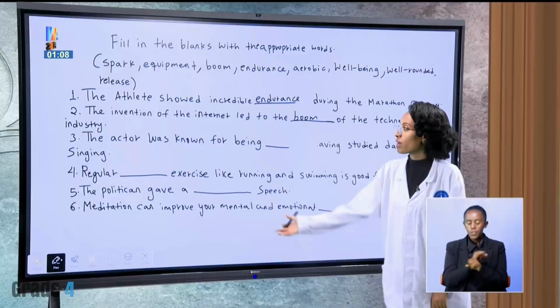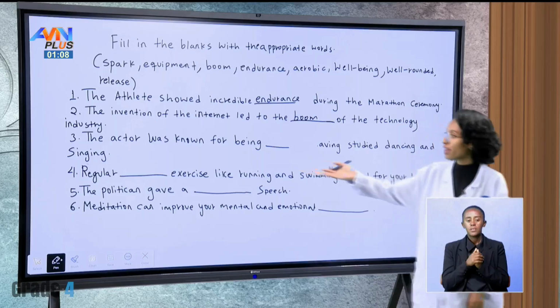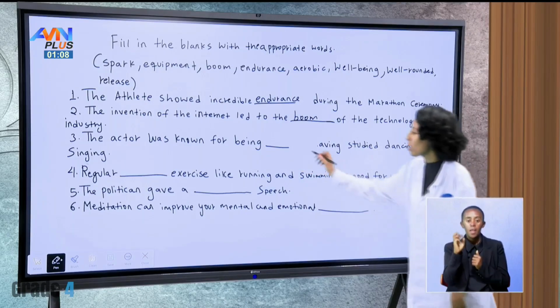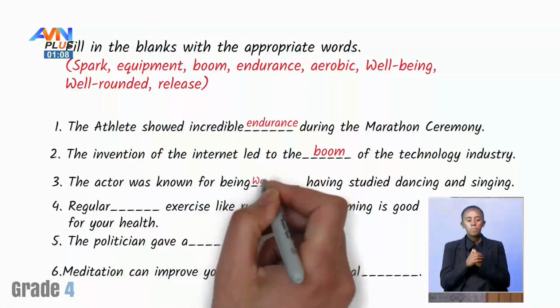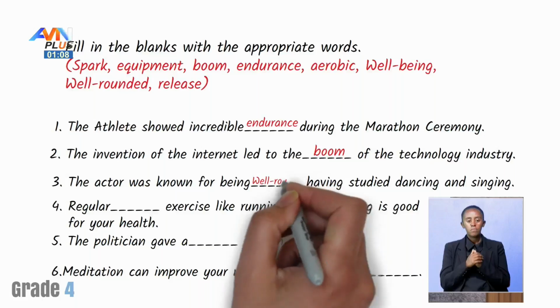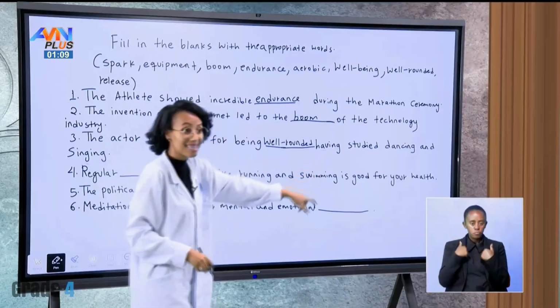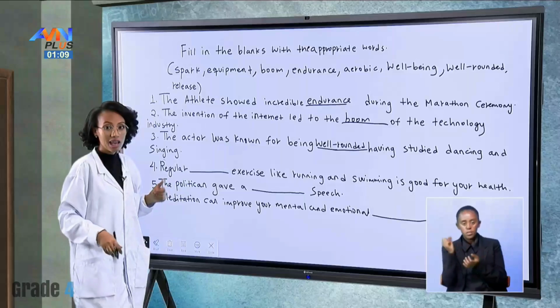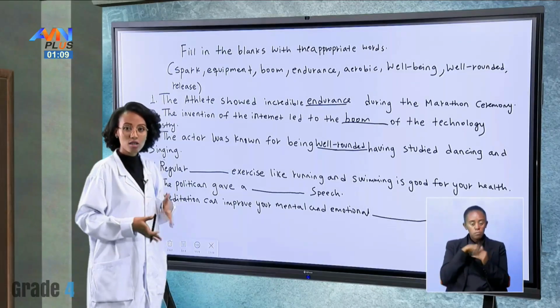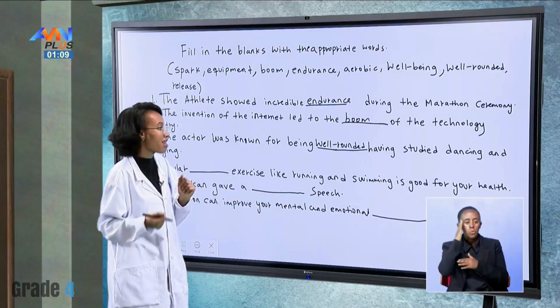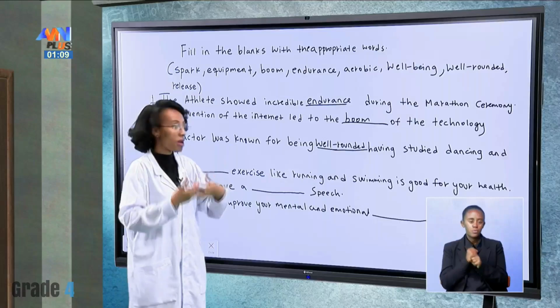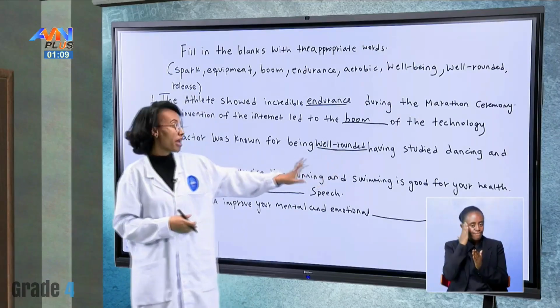Okay, what else? Number 3, the actor was known for being what? Well-rounded. Well-rounded, having studied dancing and singing. So this person is an actor, but knows how to sing and dance. So, well-rounded, has a good education.